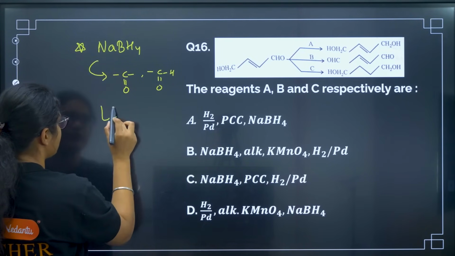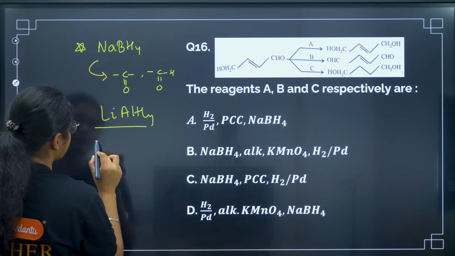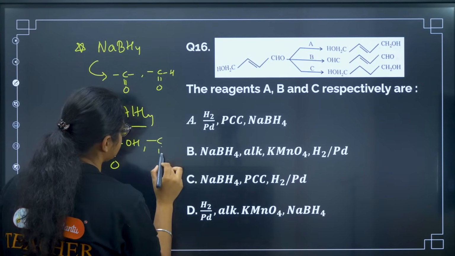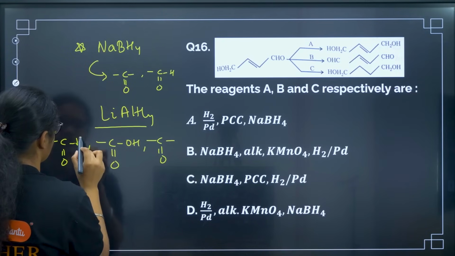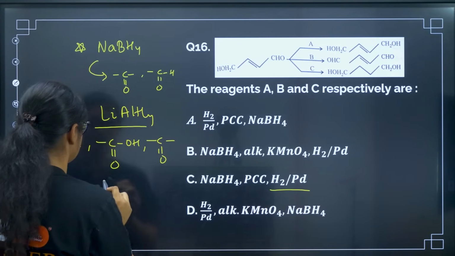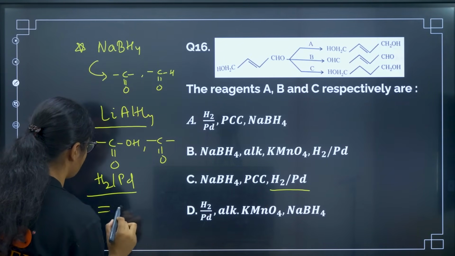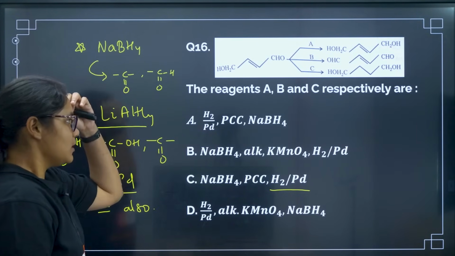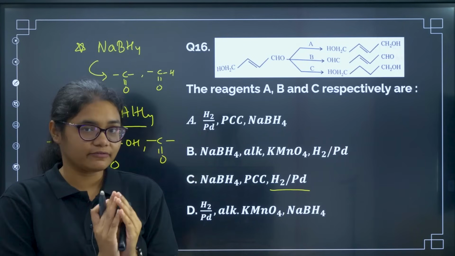Next, if we compare with LiAlH4, this can reduce acid groups, and it can also reduce ketone and aldehyde groups. Now we have one more reagent here, hydrogen and palladium. H2 with palladium can reduce double bonds also. So now let us see this one. In the first option, see what are the two things that have the probability of getting reduced.